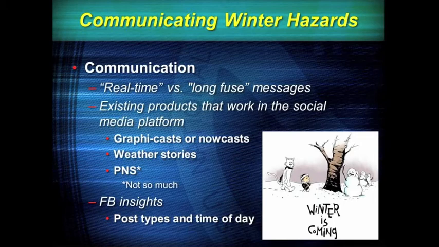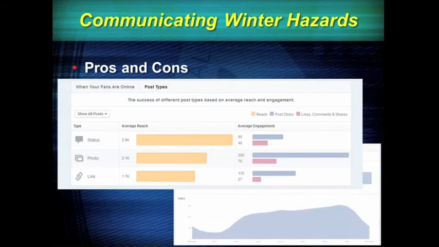Whereas with a long-fuse message, if there's an upcoming winter storm, you might want to get the most bang for the buck and schedule a tweet or Facebook post to go out when you're going to have a greater reach, for instance maybe 6 to 8 p.m., depending on when you're going to post that.